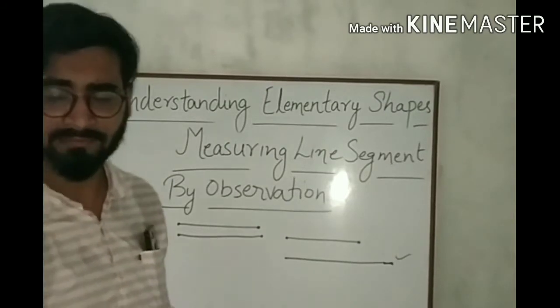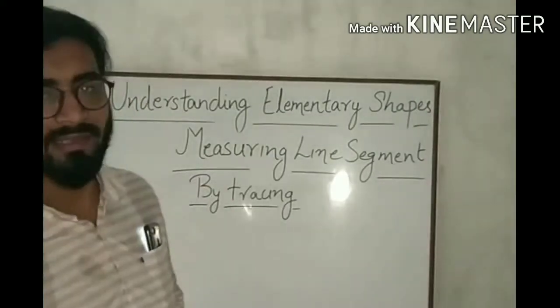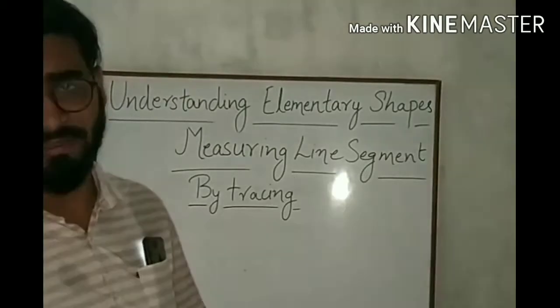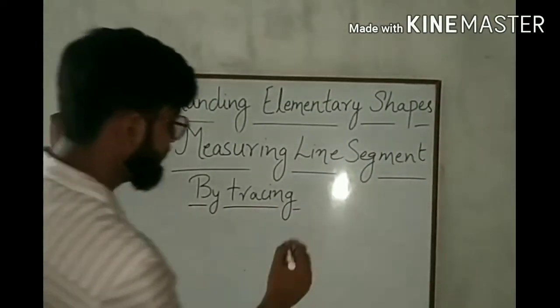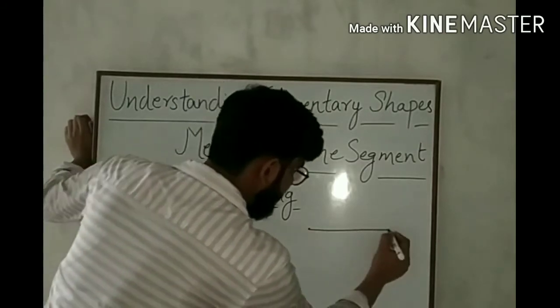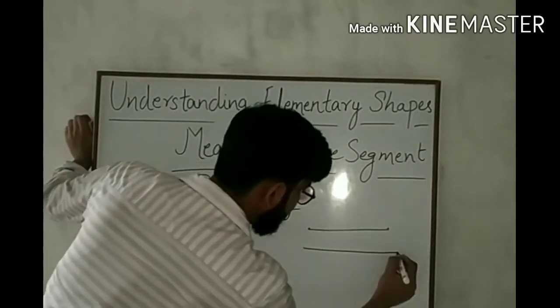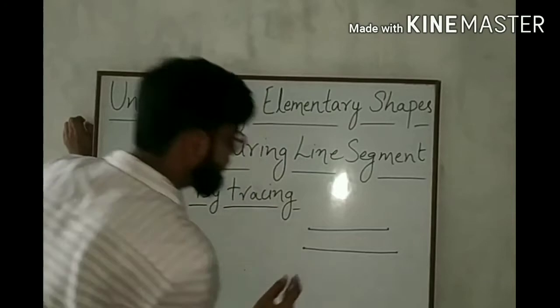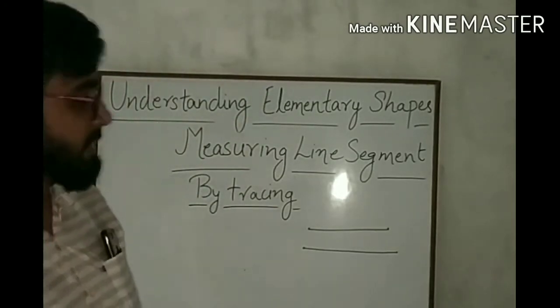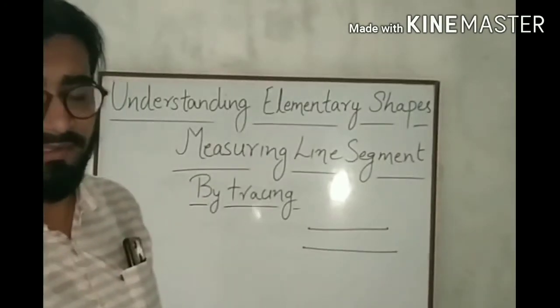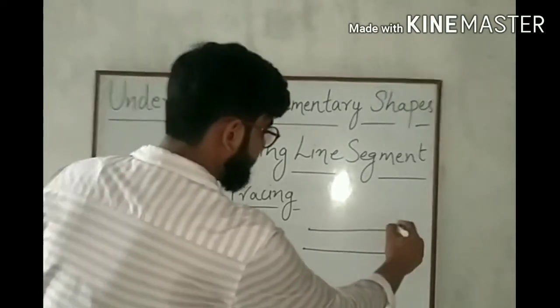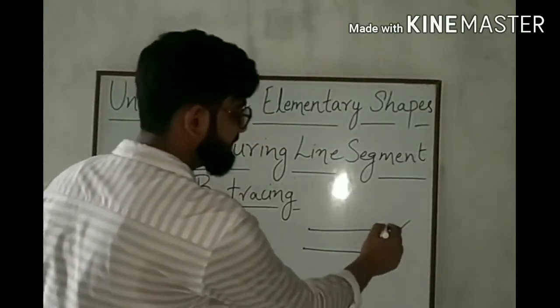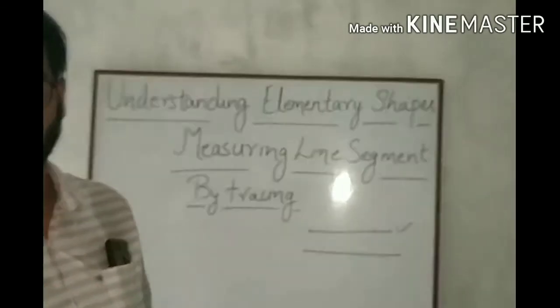Okay, understand? The second way to measure line segment is by tracing. So what you have to do in this method, suppose these are two line segments. Okay, one is this and one is this. Firstly, you have to take one tracing paper. Okay, on that tracing paper, you will trace one line segment. Suppose you trace this line segment on the tracing paper.